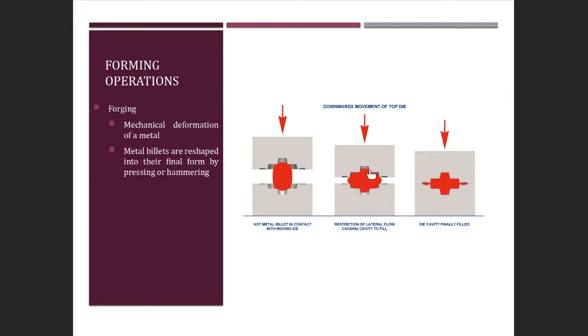So this is a closed forge, meaning everything's going to be confined within a space. This is how metal billets are shaped into their final form by either pressing down or hammering into their final cavities. This can be done hot or cold. It's easier if it's done cold.